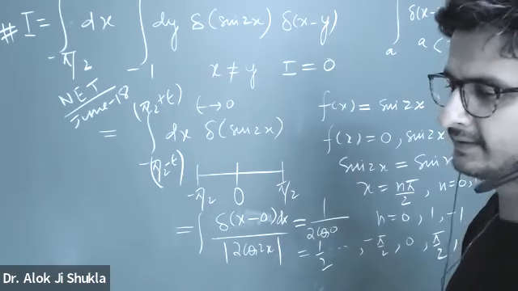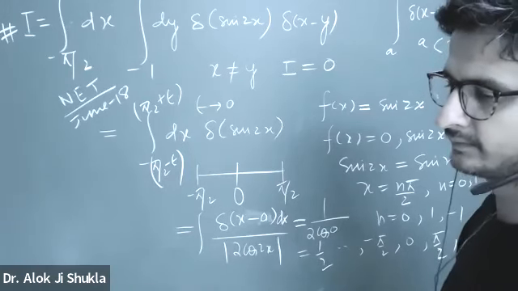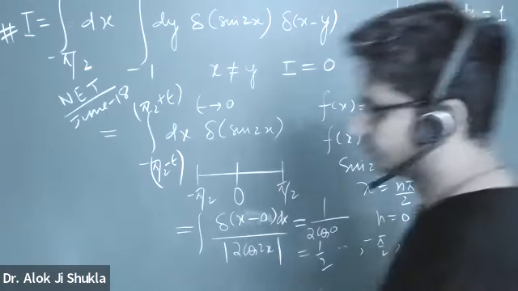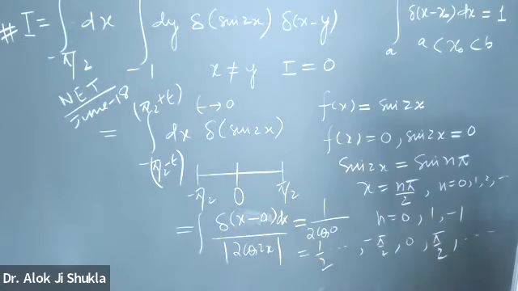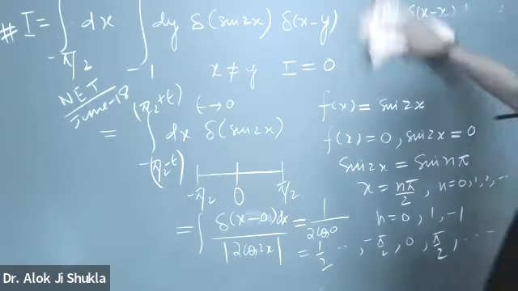Why are we taking cos square? Where is cos square?